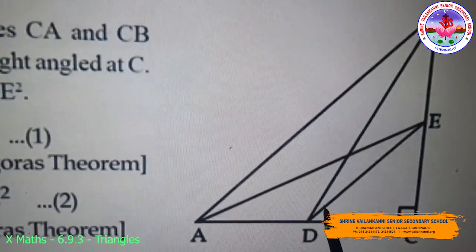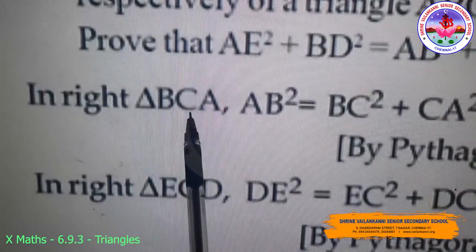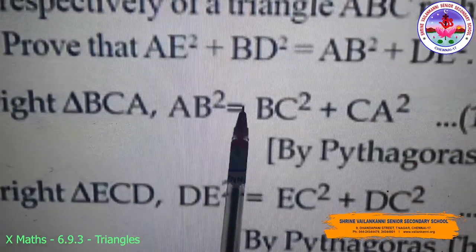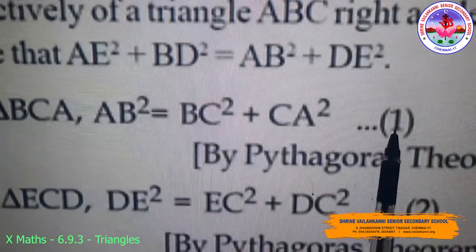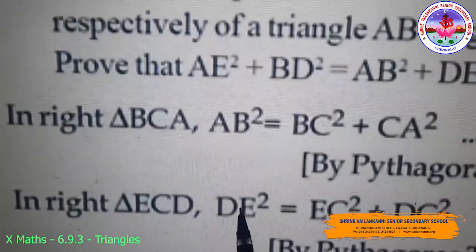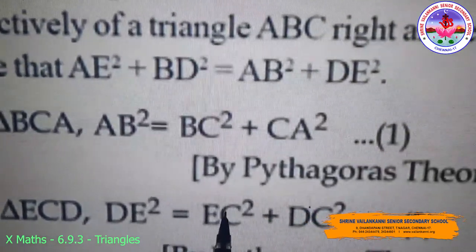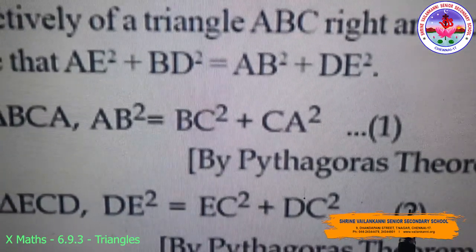So in triangle ABC, AB squared is equal to BC squared plus CA squared, calling this equation 1. And in triangle DCE, DE square is equal to EC square plus DC square, calling this equation 2.